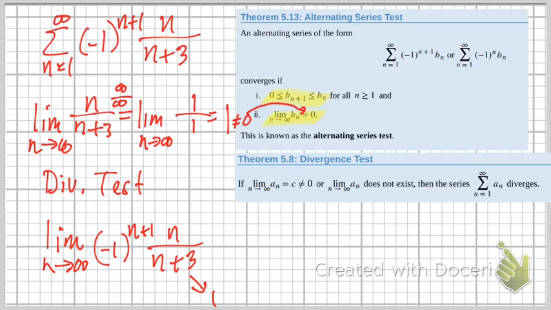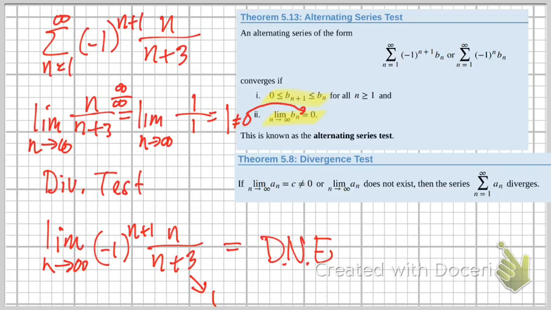So if I look at the limit of this, this is really just going to be an alternating, because this piece right here alternates. So I'm going to go -1, +1. So essentially, once I show that that limit is 1 there, or whatever it is, then I can simply say that this just does not exist. And then if it does not exist, what does that tell me here for this divergence test?